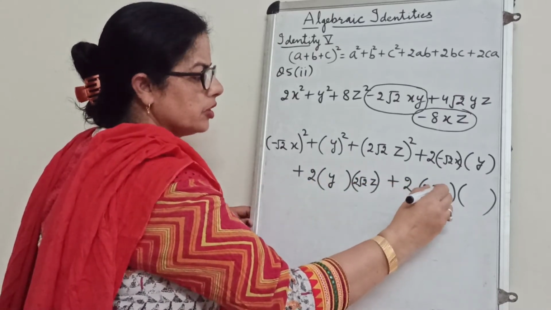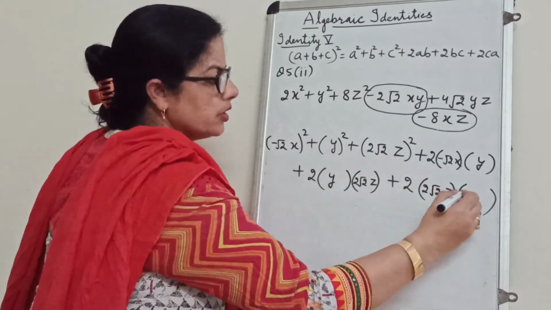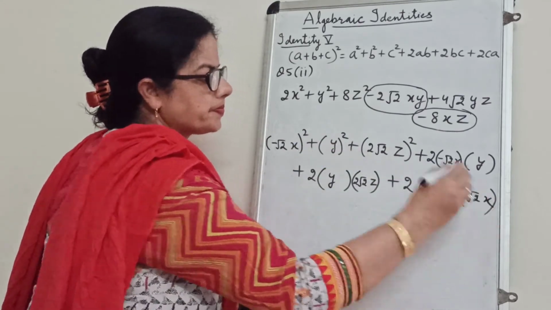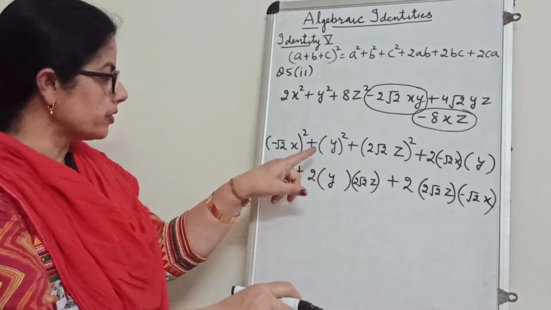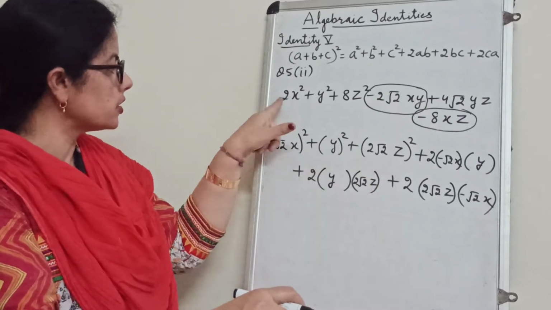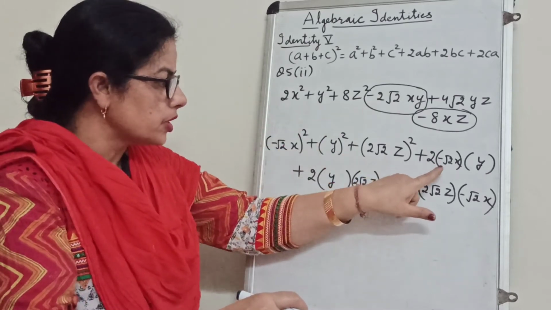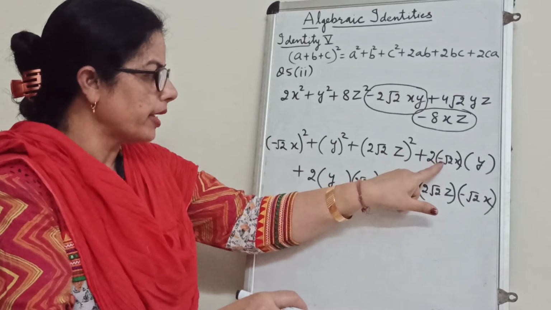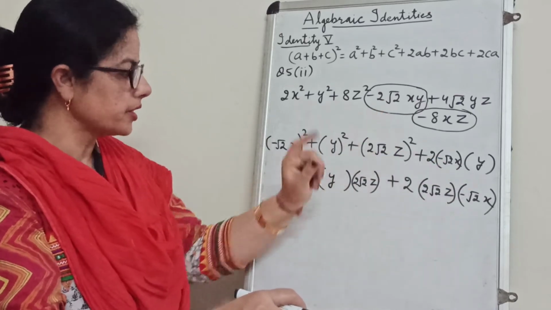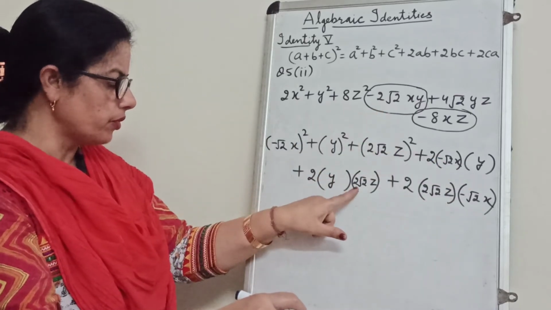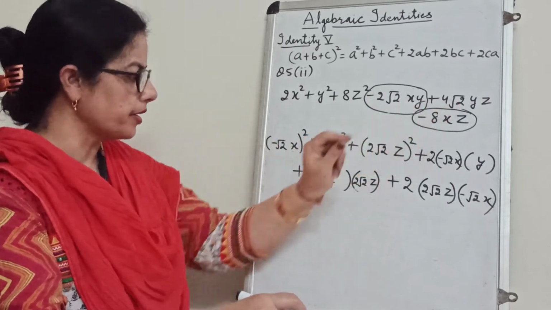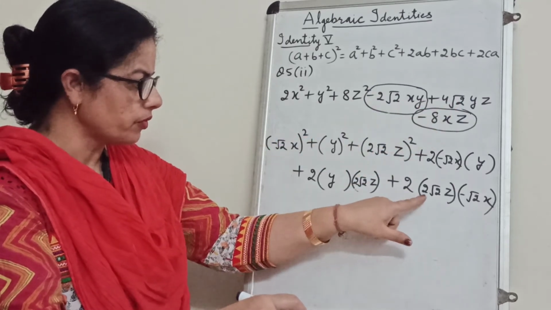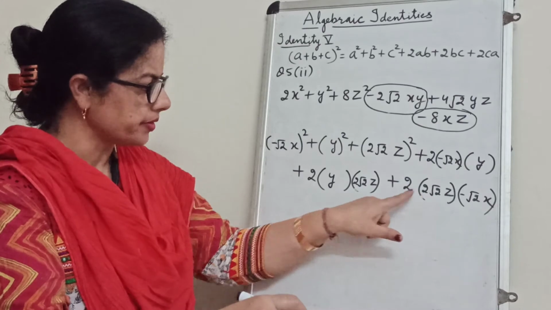So 2ab, 2bc with b as y and c as 2 root 2 z, and 2ca with c as 2 root 2 z and a as minus root 2x. Now solve it orally. See, only one negative sign: minus 2 root 2xy, it is here. 2 2s are 4, 4 root 2 yz, it is here. 2 2s are 4, 4 into 2 is 8, 8xz.